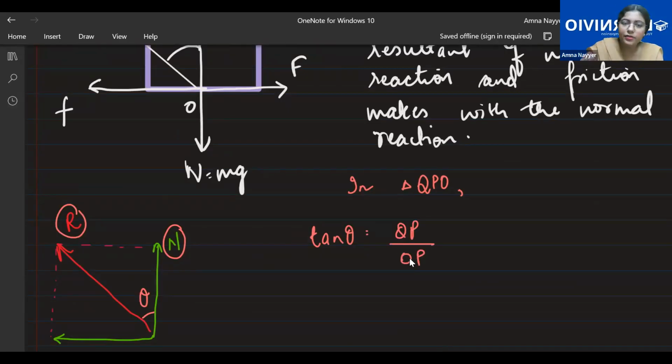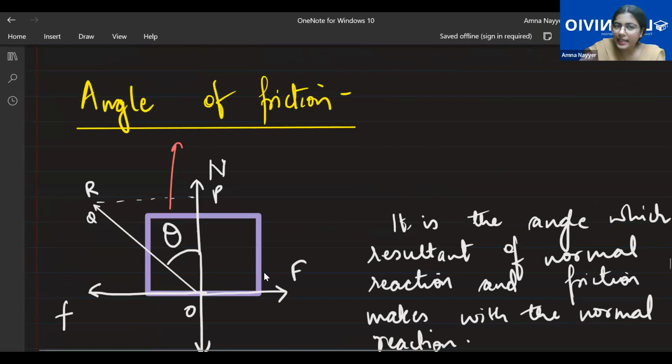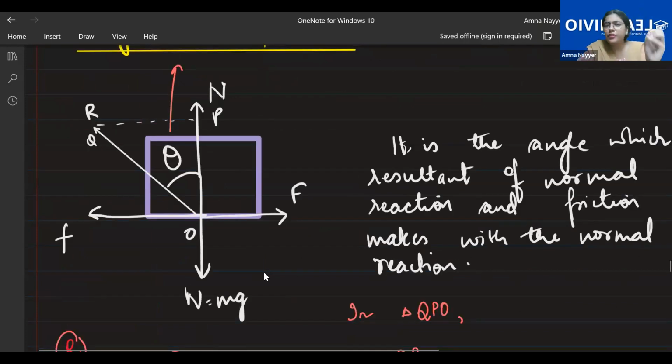She's right. Now see class, what exactly are these? In terms of the variables, it's very easy to find QP by OP, but when you're writing it in terms of the known forces, you have to relate it. When I'm talking about QP, can you see this side is exactly parallel to this side? Whatever this force is will be exactly this force.